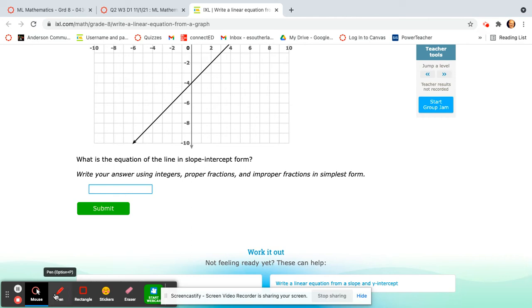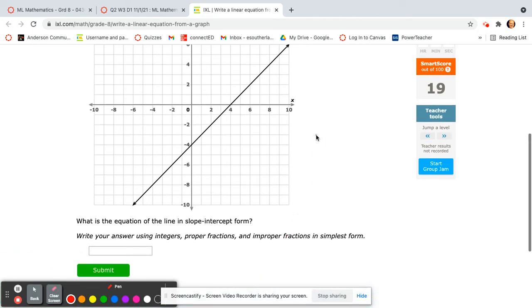Same thing, we got to find out what the y equals mx plus b. We want to know what the b is, and we want to know what the m is. And so the first thing we're going to find is the b. And in this case, it's right here at -4. And then we're going to follow it.